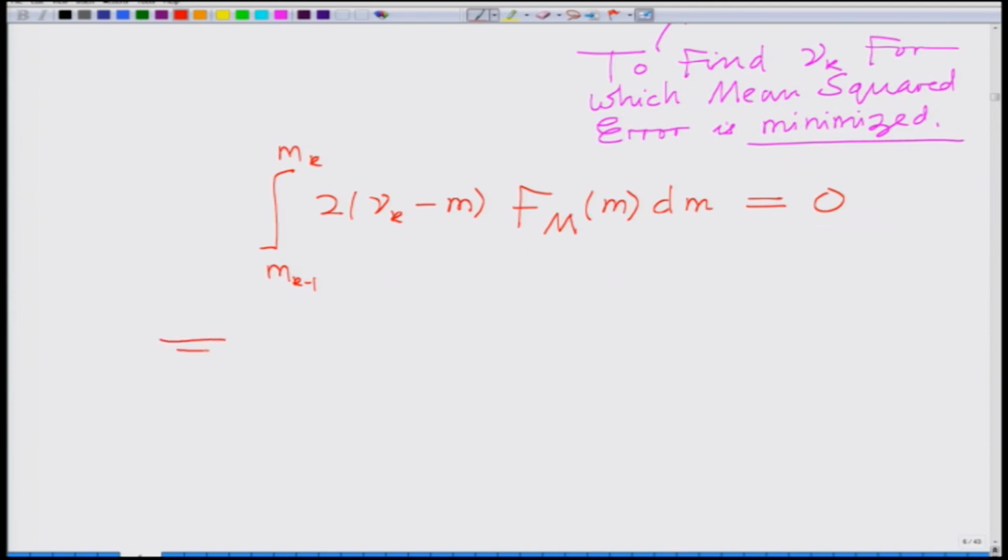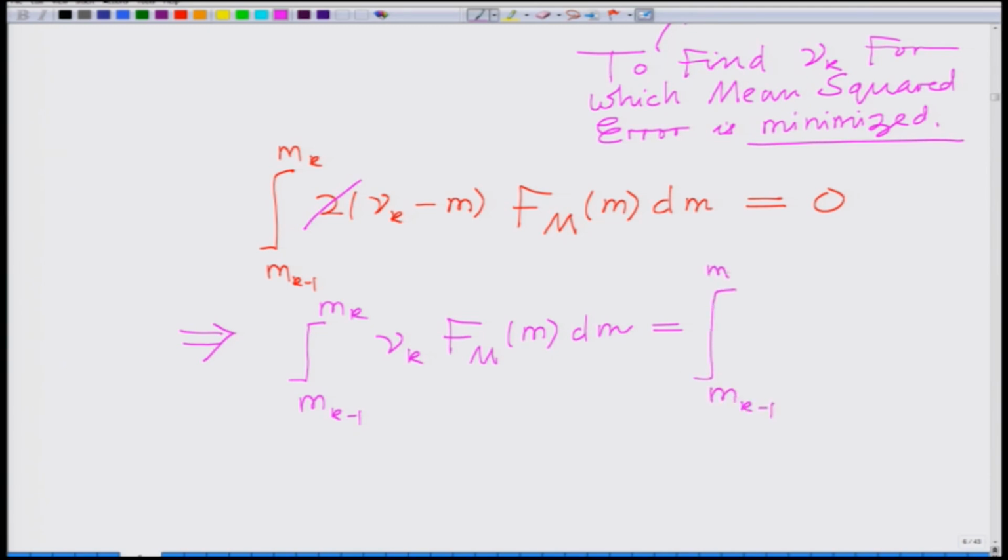This implies the integral from m k minus 1 to m k of nu k f of m dm is equal to the integral from m k minus 1 to m k of m f of m dm.